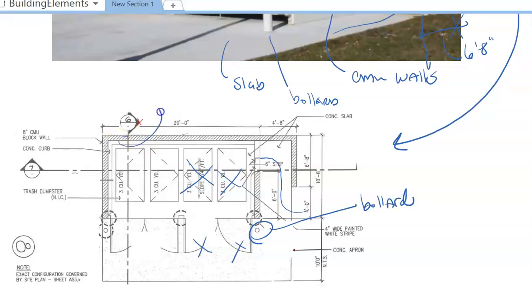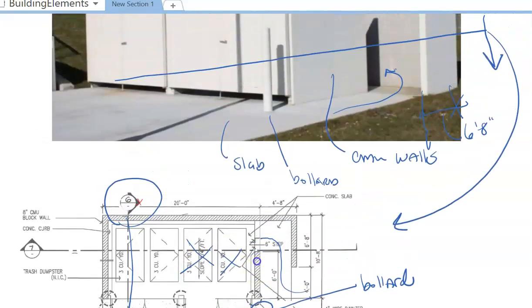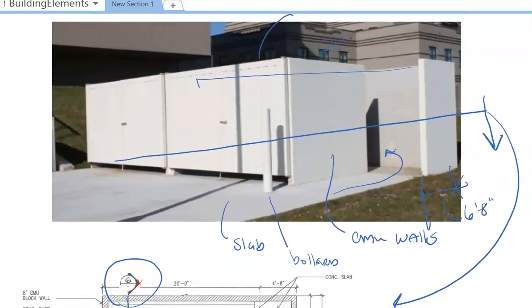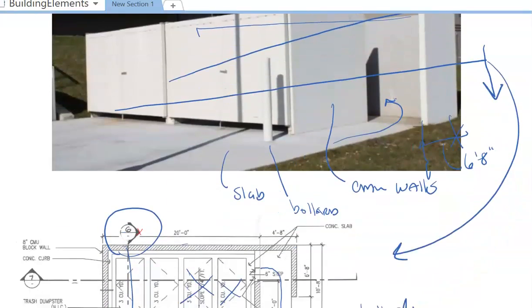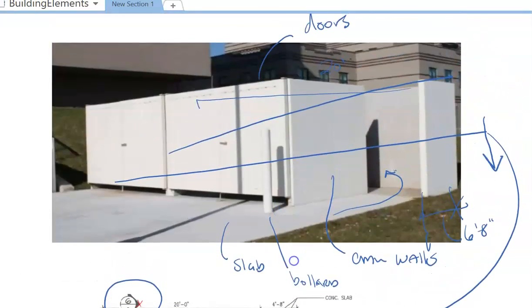And the architect also has this section right here, right through here. So that's cut kind of in 3D. We're cutting through these walls, but we're doing a sideway cut.